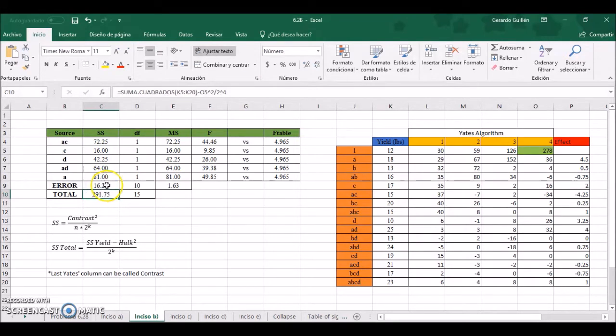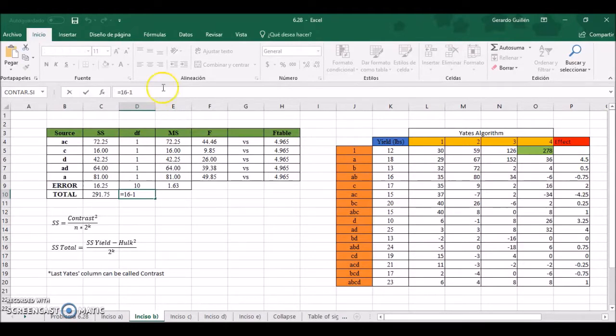For the error, we subtract the sum of all the sources we got from the total. The degrees of freedom for every source is always going to be 1, and for the total it is going to be 15 because of the 16 values we have. We subtract 1 in order to get the degrees of freedom.